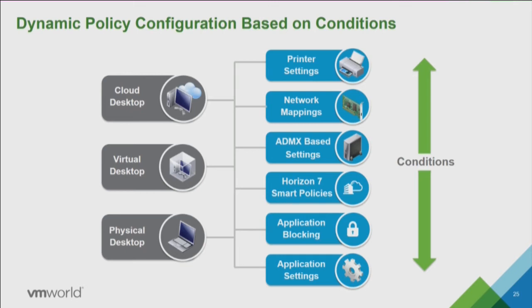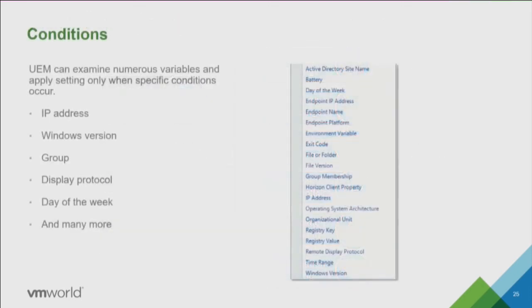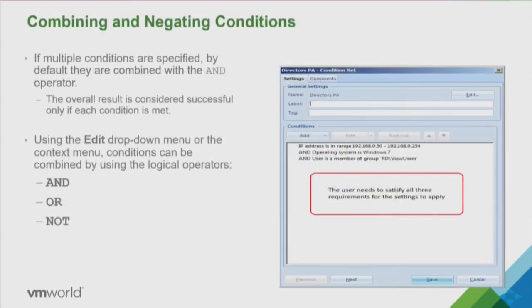So as we'll see in a moment here, those Horizon settings that you're currently limited to doing by pool or globally or individual user, you can now add some more sophisticated evaluation of the client and more sophisticated logic. So for example, you can look at the conditions of the UEM client, its IP address, its Windows version, the day of the week, what group the user is in, and many more. I'm not going to read through the whole thing.